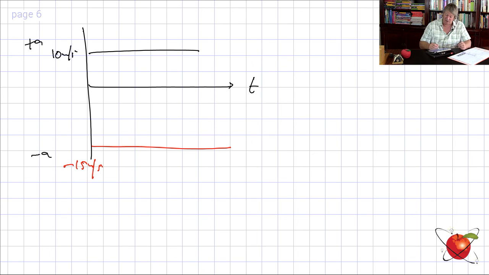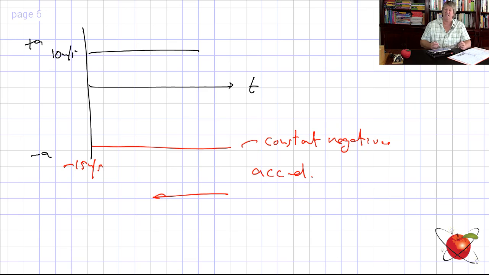Well, this means constant negative acceleration, which means the acceleration is in the opposite direction to positive. So if I'm traveling with the velocity this way and my acceleration is this way, I am slowing down, right? And if I'm traveling this way with an acceleration, I'm going to be going faster, aren't I?